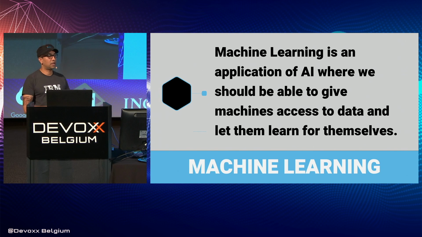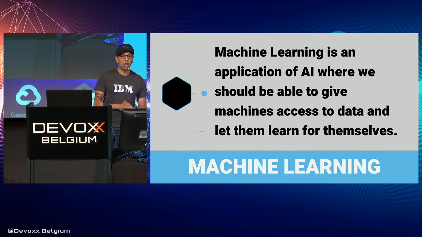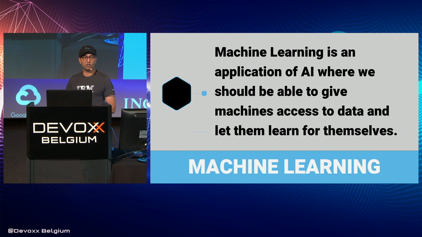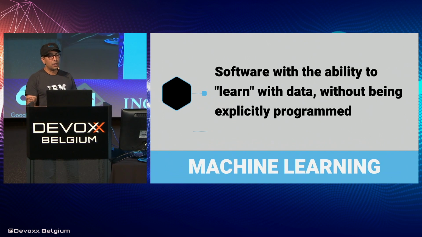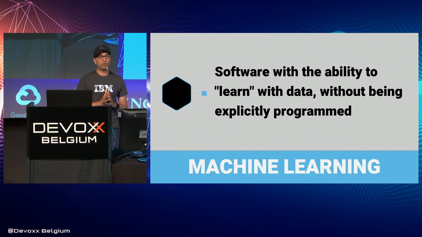And machine learning is an application of AI, so it's a subset of artificial intelligence where we should be able to give machines access to data and let them learn for themselves. Right? So pretty basic stuff. Now, when we think about machine learning, we want to aim for software with the ability to learn with data without being explicitly programmed.